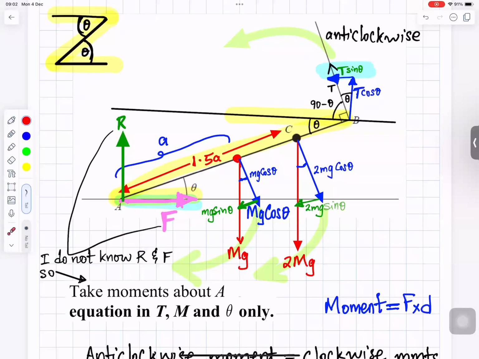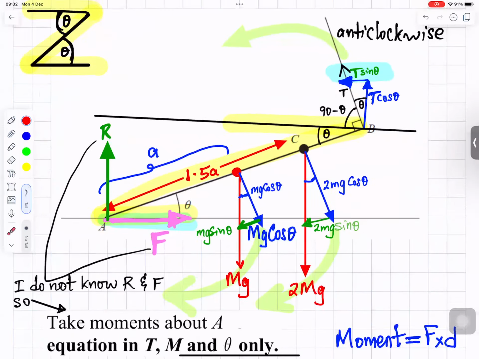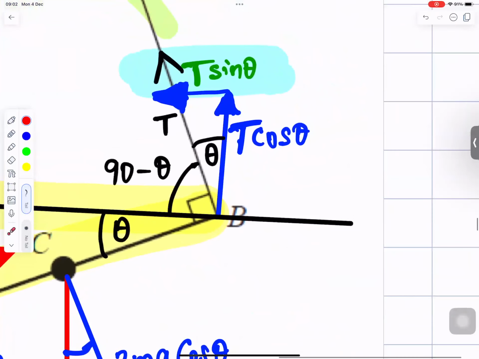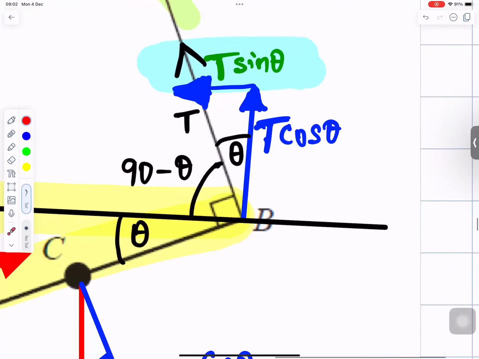If you look at that yellow triangle there, the alternate angles are equal. So this is theta and this angle is theta. And then that's the reaction there. And if you come to the top, from the geometry, this angle is theta. That's 90, so 90 minus theta is this one.